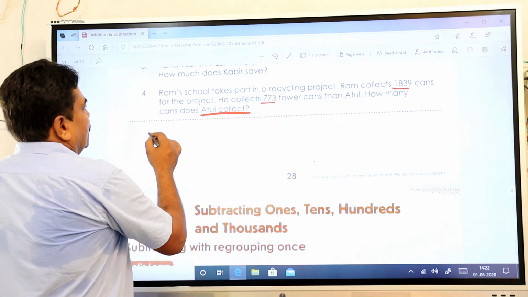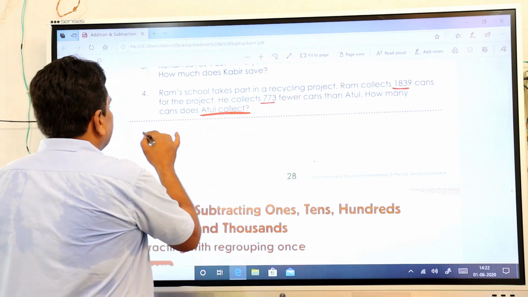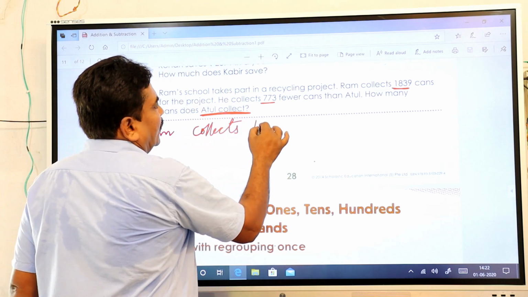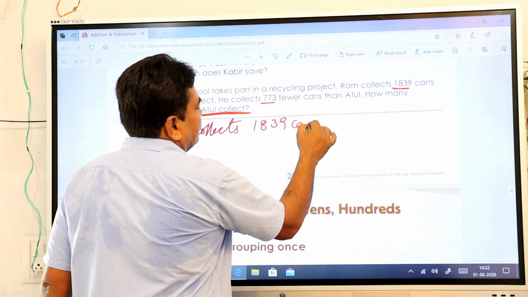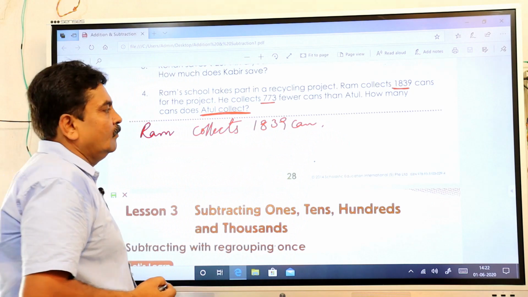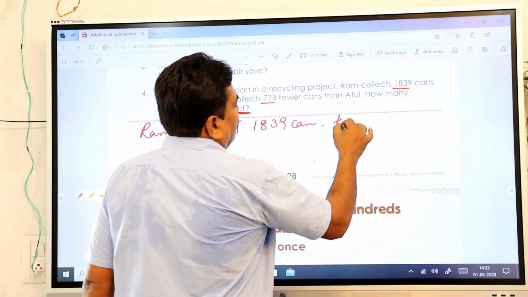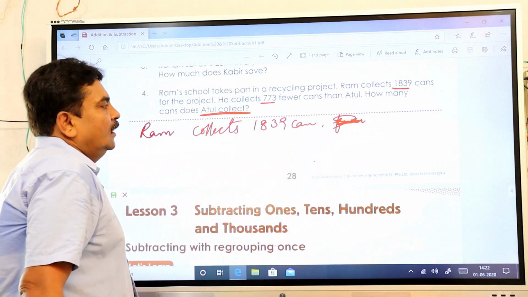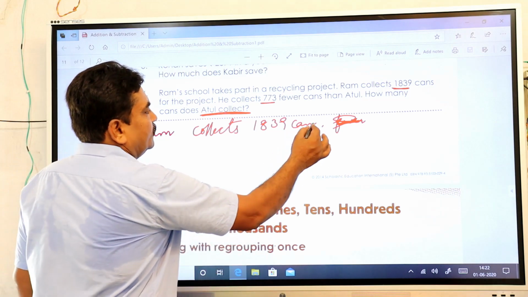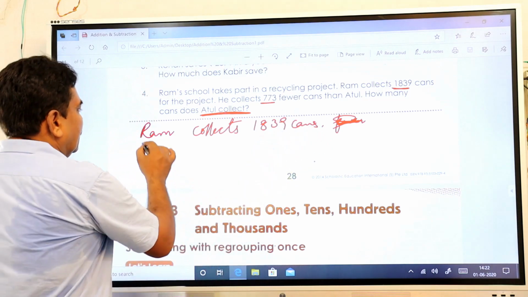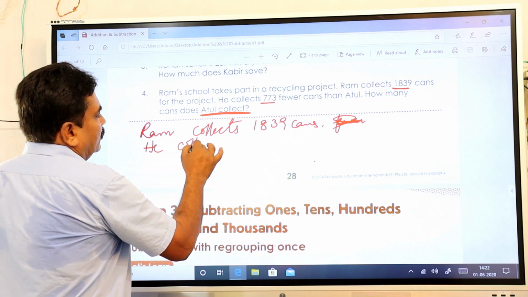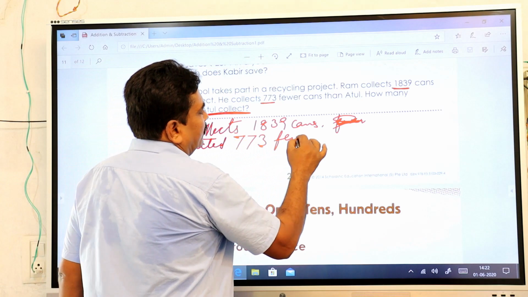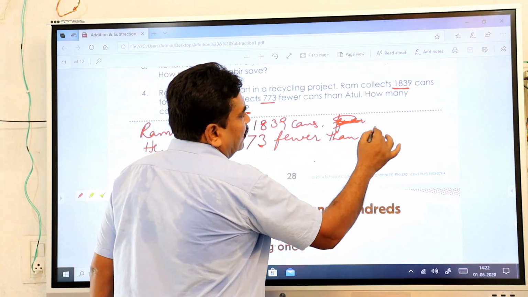So we'll write down the statements. Ram collects 1839 cans. He collected 773 fewer than Atul.